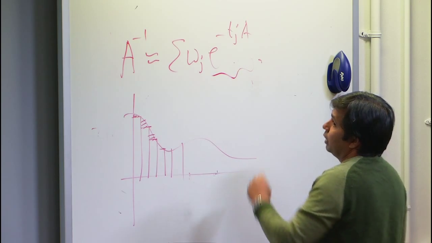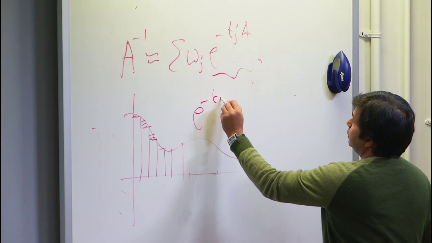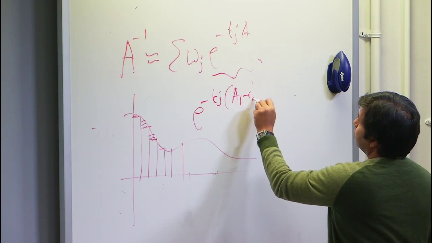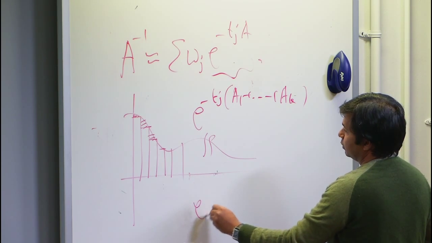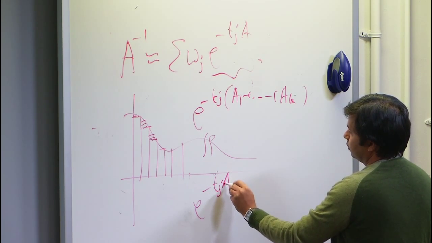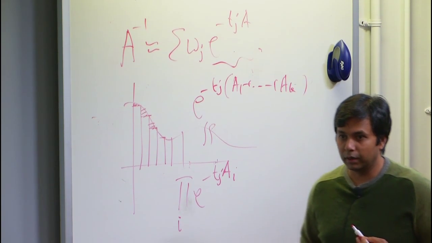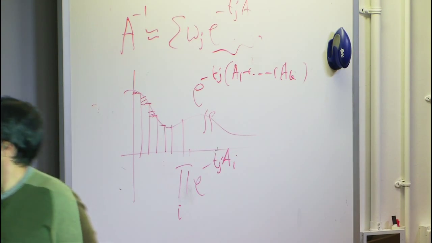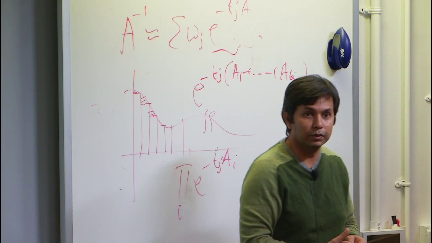But then all we have done is opened up each of these e to the minus tj A, which was A1 to Ak, and then we use this approximation. And this gives us this approximation to A inverse.